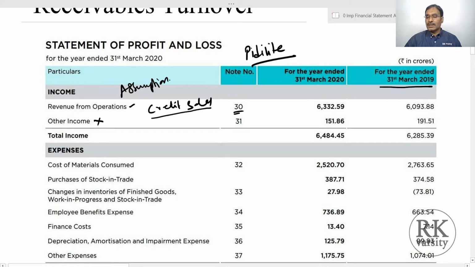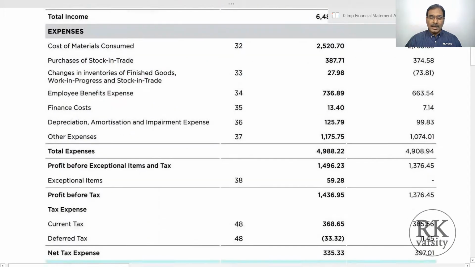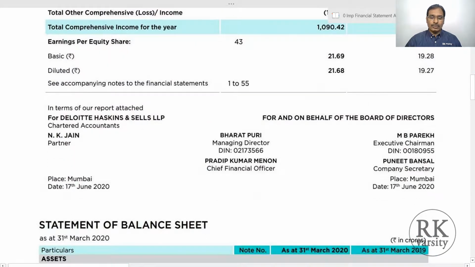One is the year ending 31st March 2019 and another one is 2020, and all the amounts are in rupees crores. So here in 2020 this is 6,332 crore, whereas in 2019 this is 6,093 crore. So we got one item, that is the numerator, and to get your denominator you need to look at the balance sheet.